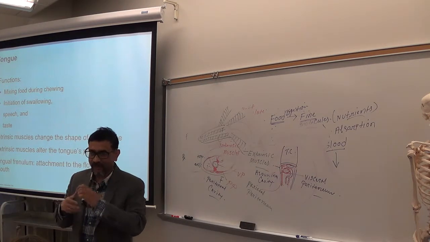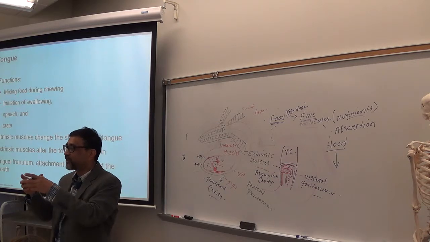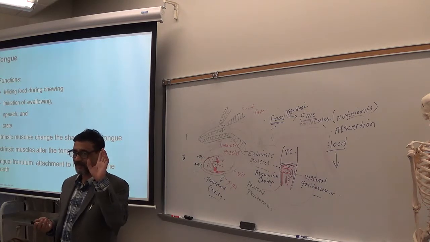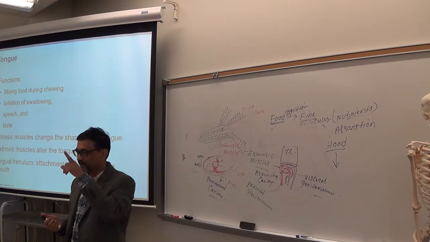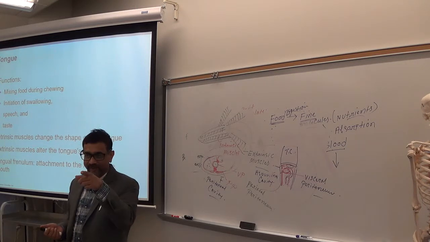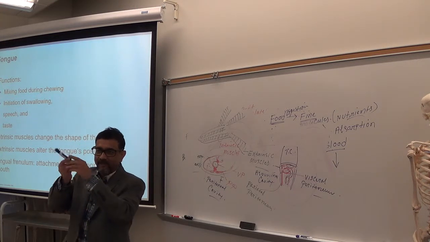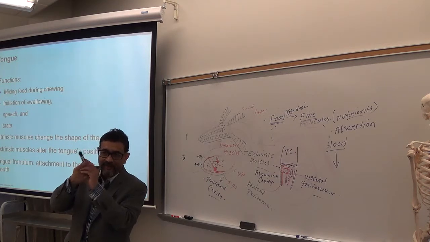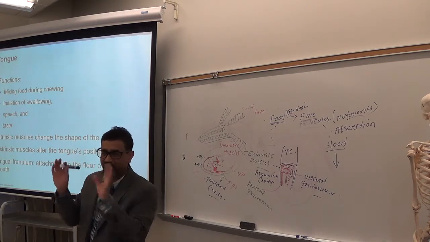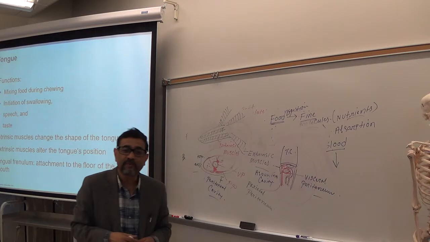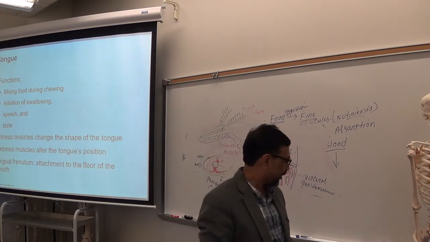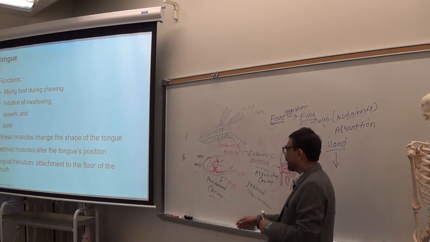So the shape of the tongue is changed by intrinsic or extrinsic? Intrinsic. Shape is changed by intrinsic, but movement in different directions by extrinsic. So two types of muscles help in the movement of the tongue.